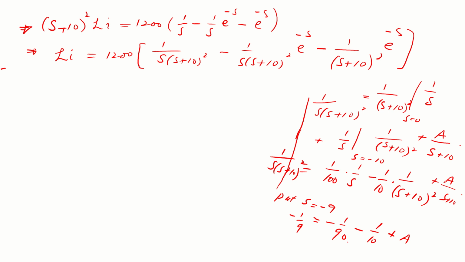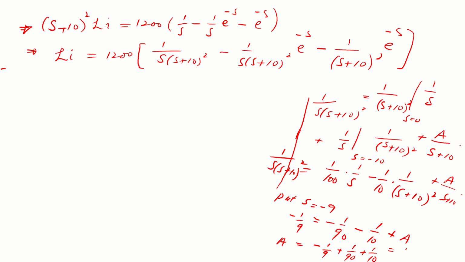So if we simplify this, we will get the value of a, which is minus 1 over 9 plus 1 over 90 plus 1 over 10.